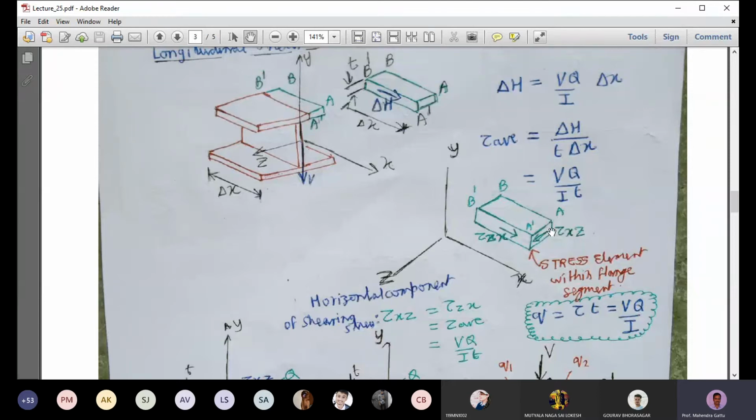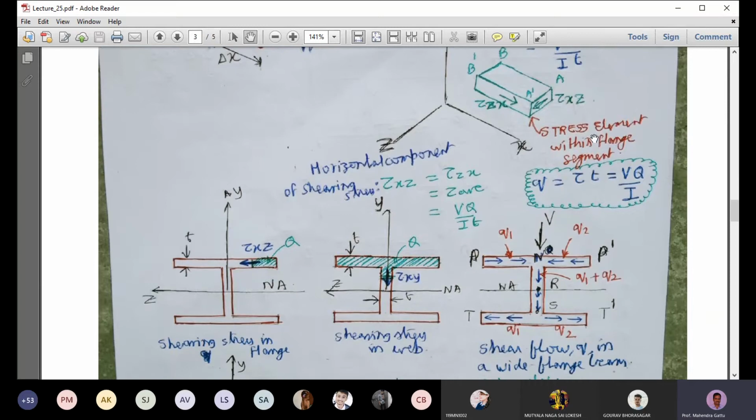That is the direction of shear stress. Because H is acting like this, to balance it tau zx will act like this, and tau xz will act towards the vertical plane of symmetry. Suppose we cut a cross section here and do the analysis, then tau xz will again act towards the vertical plane of symmetry. So it will flow towards the vertical plane of symmetry here.